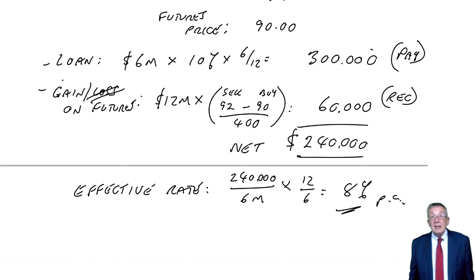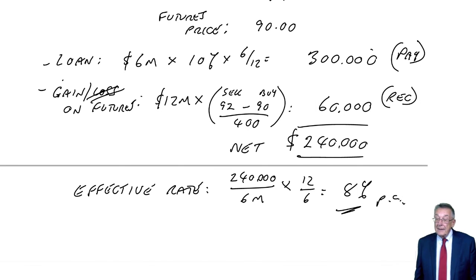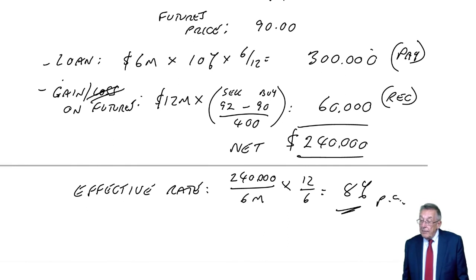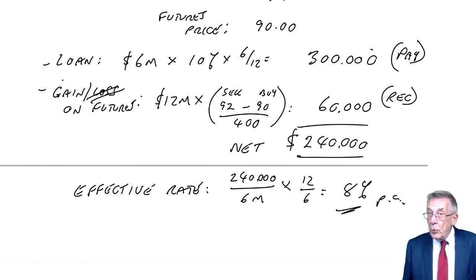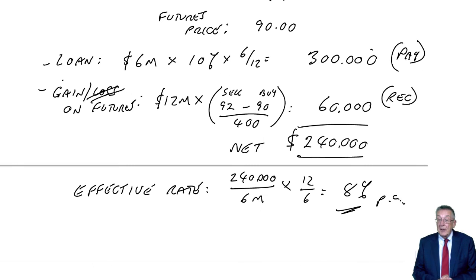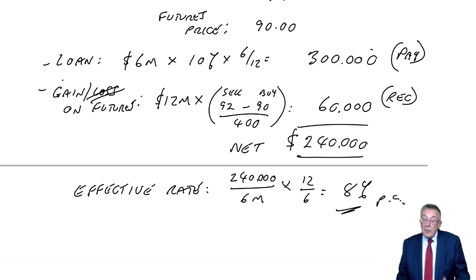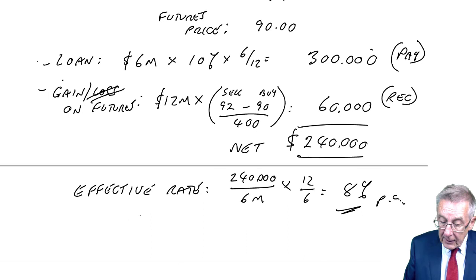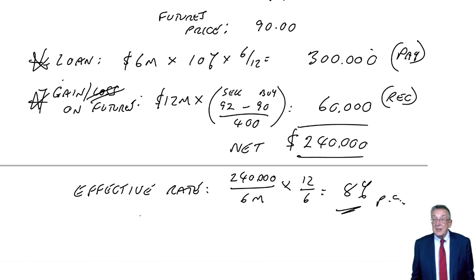We have effectively fixed it at 8%. So, I mean, that's the baby example. Things don't work so perfectly in real life or in the exam. But I hope I've made it clear what's happening. Just like foreign exchange risk, we leave the transaction at risk and pay the actual interest, and we've got the compensating profit or loss on the futures.